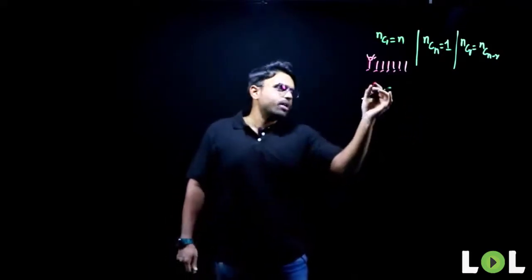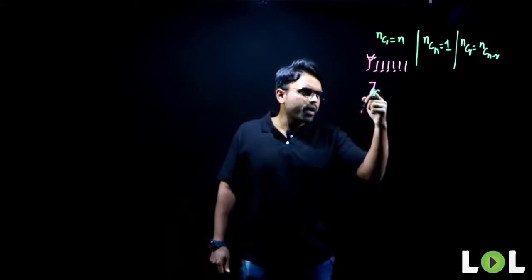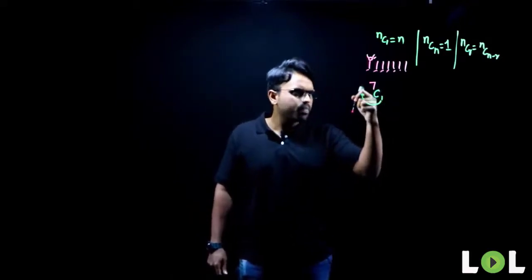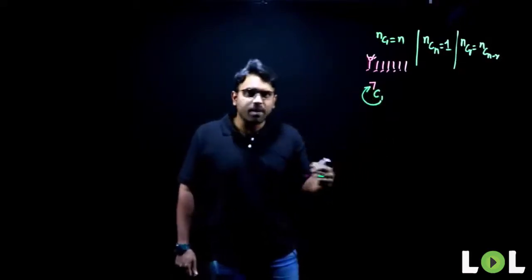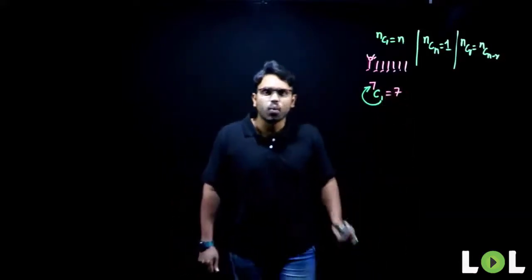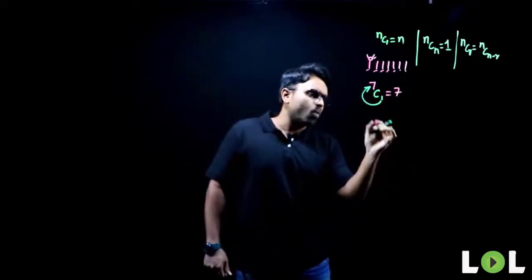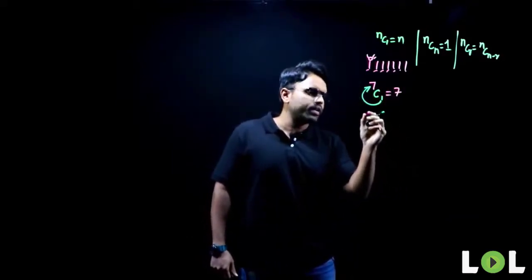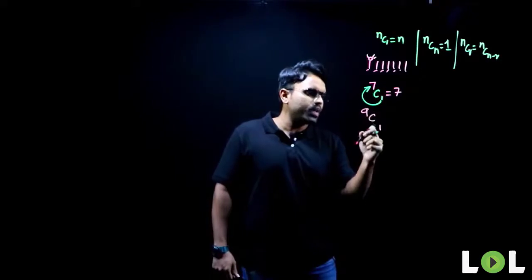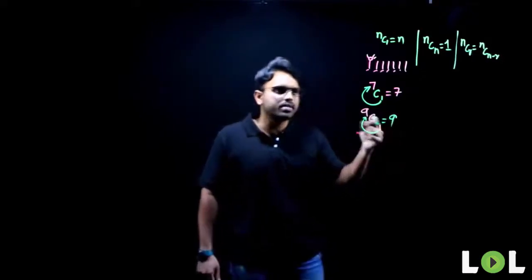So out of a total of 7, selecting one person can be done in 7 different ways. Selecting one person out of a total of, let's say, 9, in how many different ways can it be done? 9.